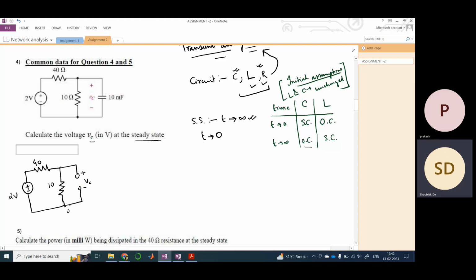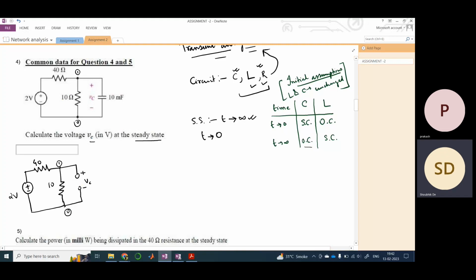If I represent it as node 0 and this as node 1, the capacitor is connected across node 1 and node 0, between these two resistors. So VC is nothing but the voltage across the 10 ohm resistor, right?